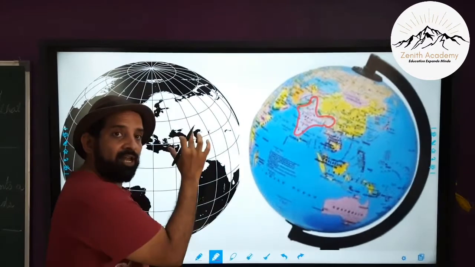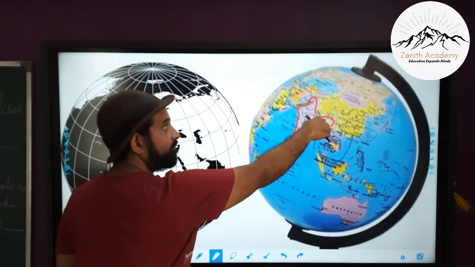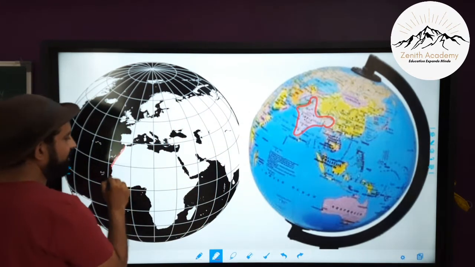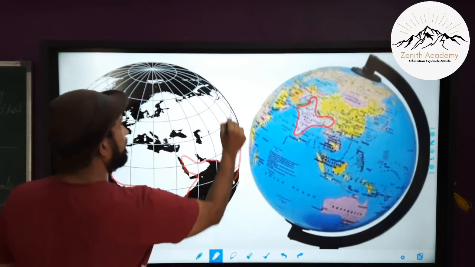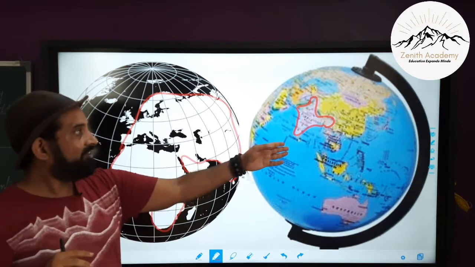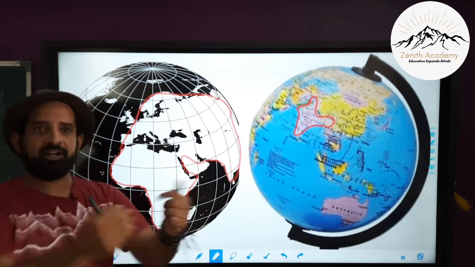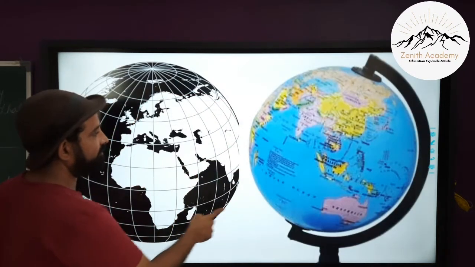It gives you a clear idea how India is segregated or different from other countries because proper borders are drawn. Here, if you see, there are no borders between different countries. It is just one single picture of the entire world. Hence, once you draw borders, you can differentiate between one country and another country. So students, let's just move forward.